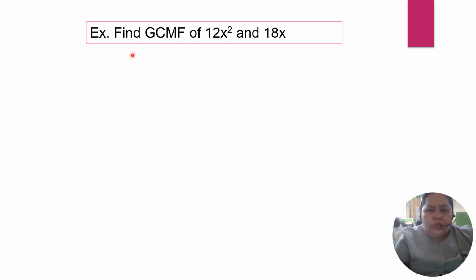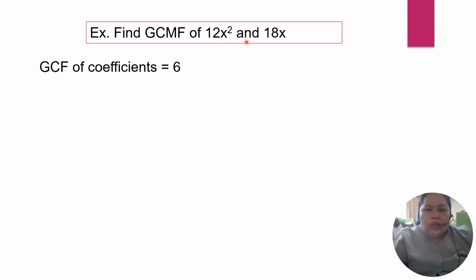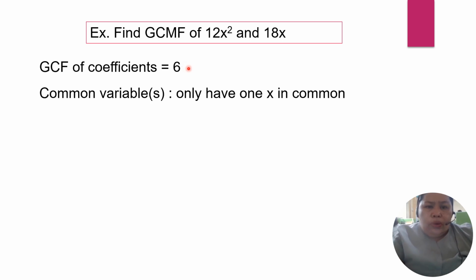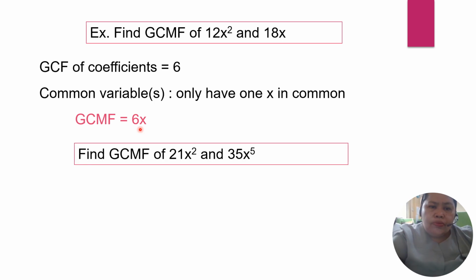Find the GCMF of 12x squared and 18x. Of course, the GCF of the coefficients 12 and 18 is 6. The common variable is only x. So the GCMF is 6x.